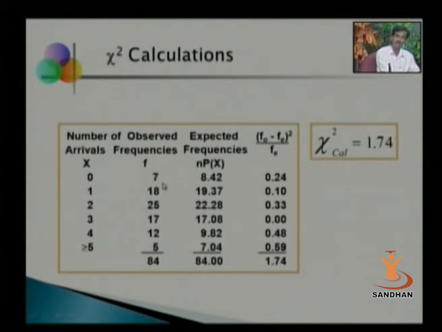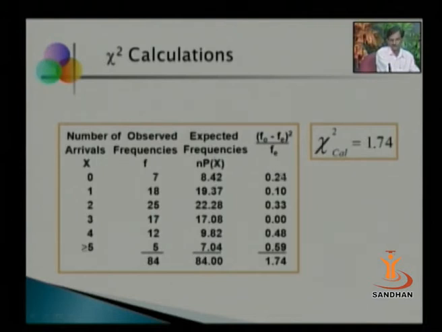But under the assumption that it follows Poisson distribution, the expected frequency is 8.42, and the test statistic is again the same, only a slight notational change: (FO minus FE) square upon FE. So in this way one can calculate. FO means observed frequencies, FE means expected frequencies. So this is that column.